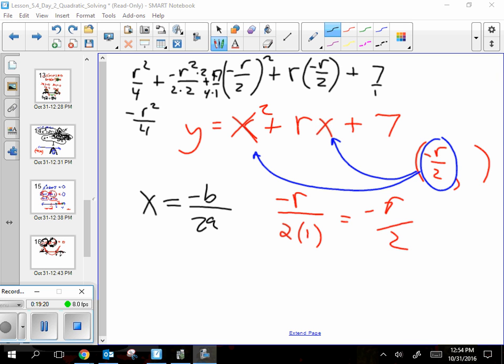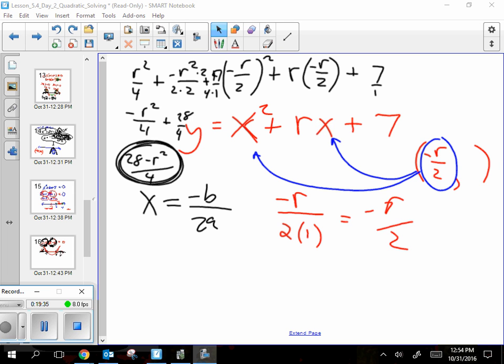And then this is 7 times 4 is 28. So you'd have had 28 minus r squared over 4 if you actually put that all together into one fraction. Okay, but that'd be a lot. I don't think anybody probably actually did that. But the moral of the story is, can they throw in a variable? Oh, yes, they can.